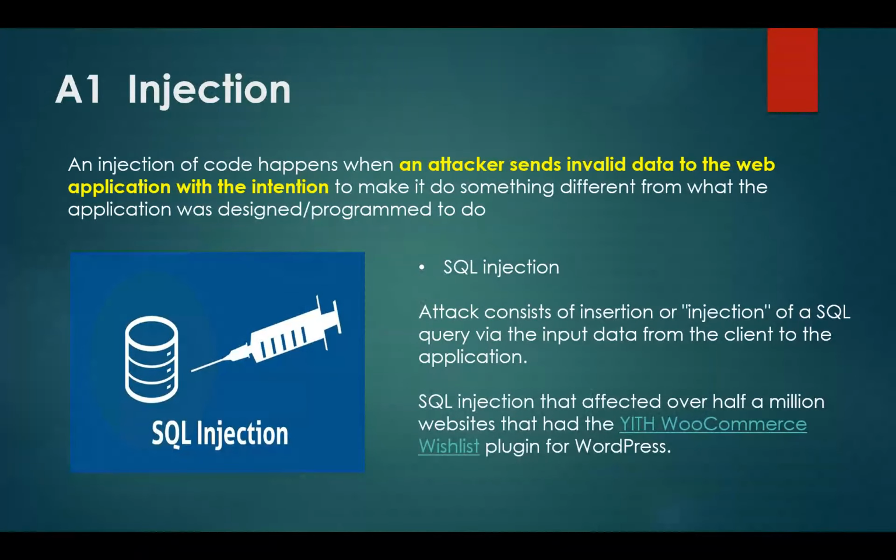There has been one big accident caused by SQL injection before. It affected over 500,000 websites that had the YITH WooCommerce Wishlist plugin for WordPress.